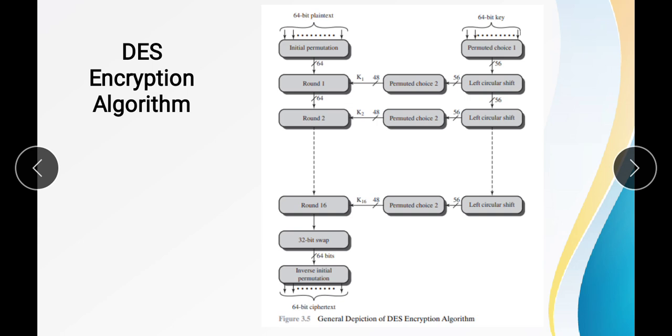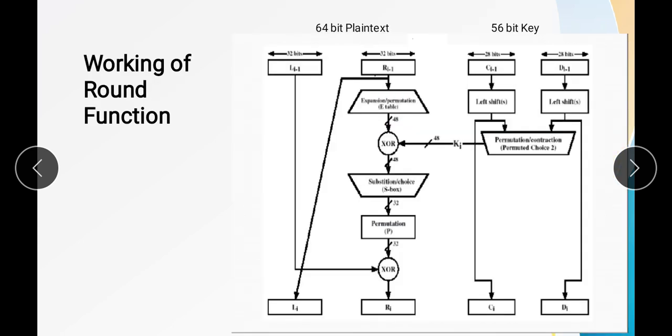Okay, now we'll understand the working of rounds. So this is the working of the round function. In each round we have to follow these steps. We can easily understand it has two parts. The first one is the plain text and the second one is the key.